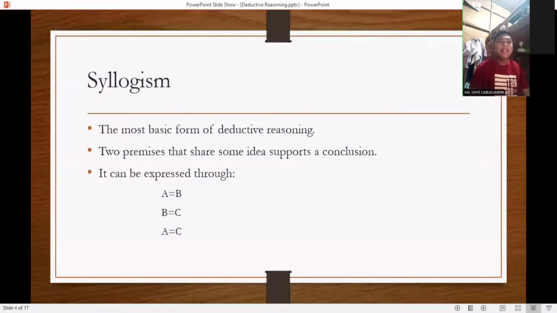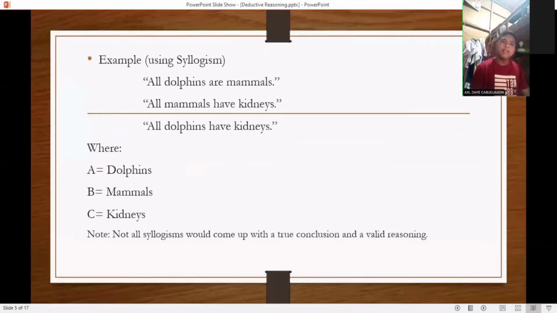That is our third form of the syllogism, which is A is equal to C. Through that form, we can also make a deductive reasoning.